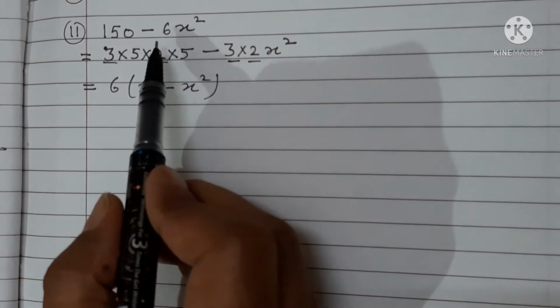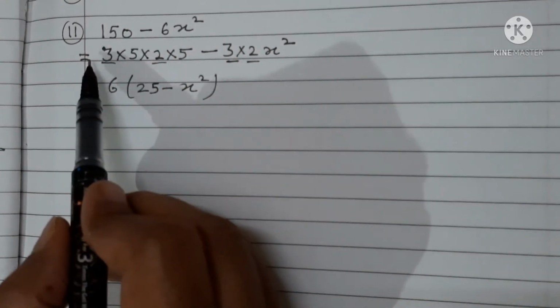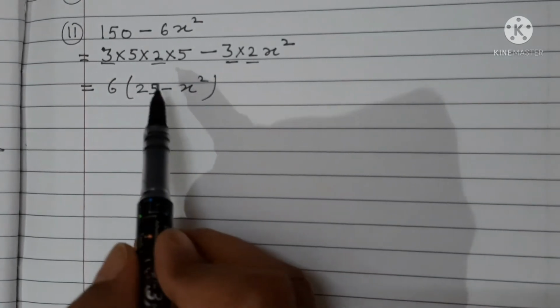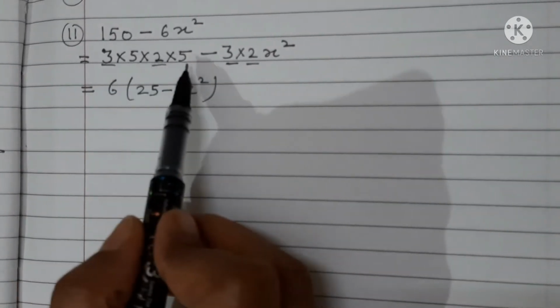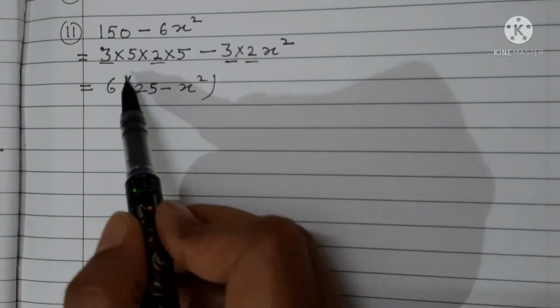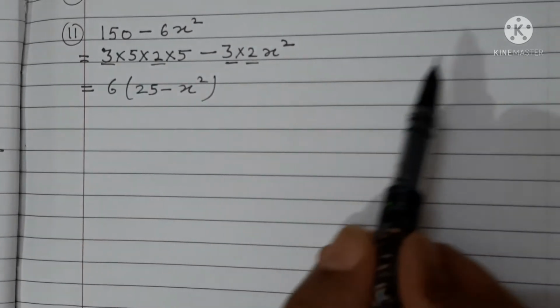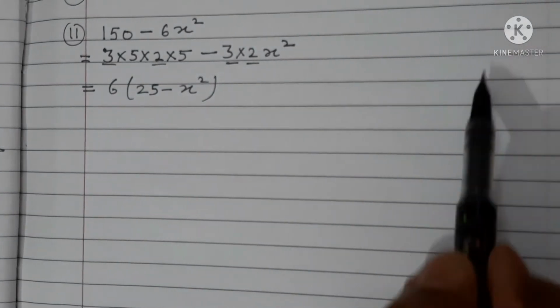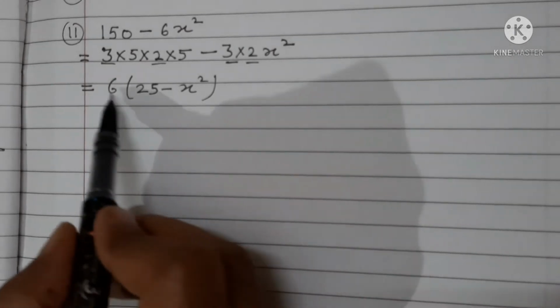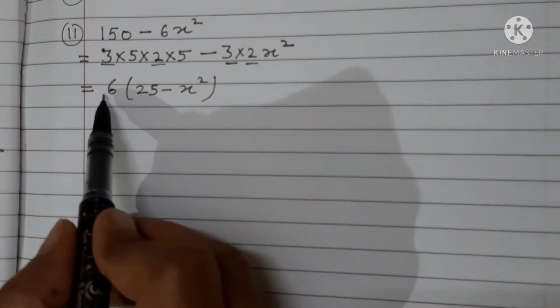You can take common 6 directly, but if you are not decided what the common factor is, first break the numbers into prime factors and then you easily know what the common factors are.